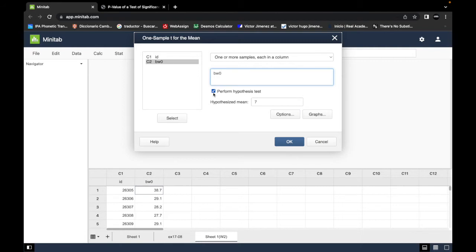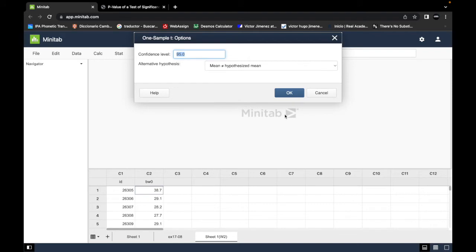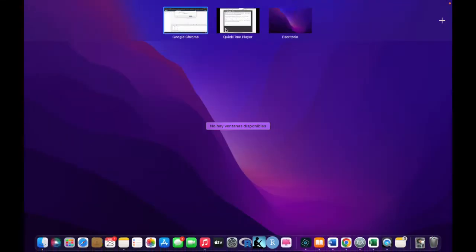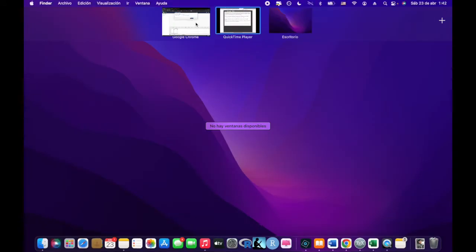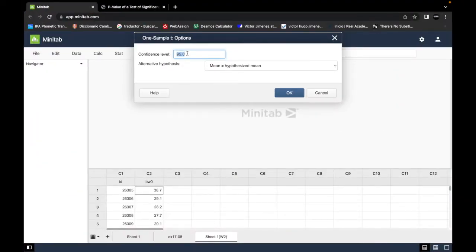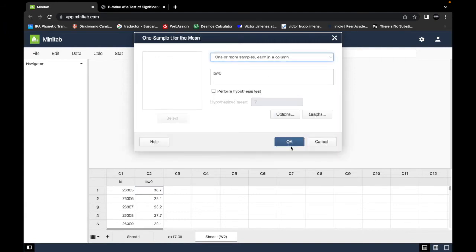Then Options, Confidence level. Notice, Achieve is asking for a 95% t-confidence interval. So here is where you specify the level of confidence. In this case, it's 95, so leave it like that. Alternative hypothesis, leave it like that. We don't need this by now. And then OK, and then OK.